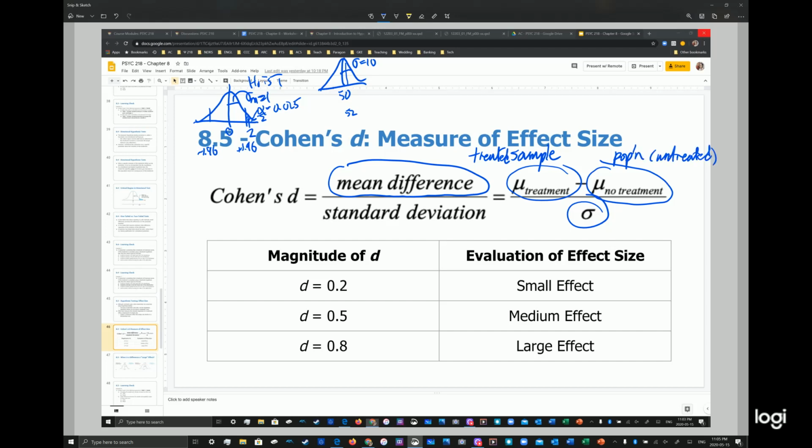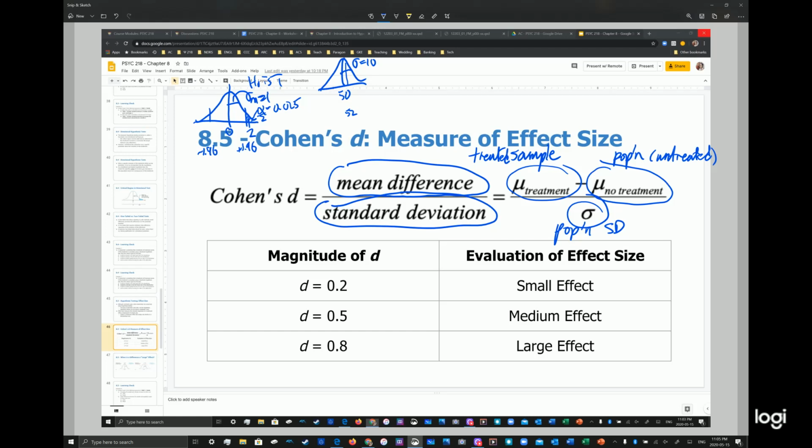Well, maybe at least not yet. And this standard deviation here is the population standard deviation. Again, when it comes to effect size, we're going back to the original population distribution that we're working with, not the sampling distribution or the null distribution.